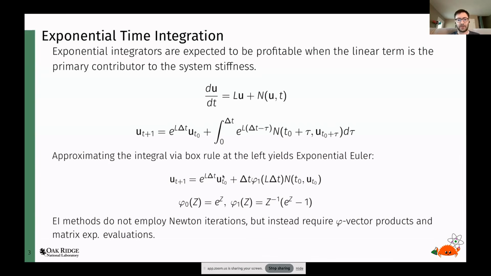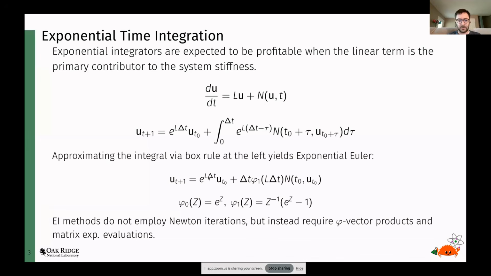And what's interesting about this integrator is that if your linear term here dictates the stiffness of the problem, meaning the entries of this L matrix, I want to be clear, L is a matrix here, coupling multiple ordinary differential equations in this case.